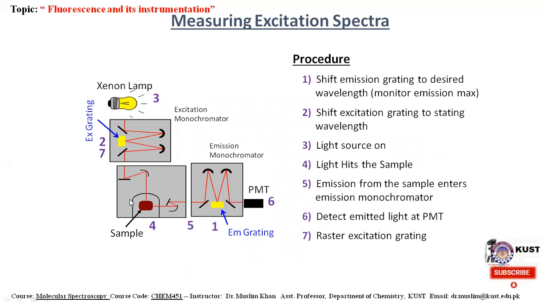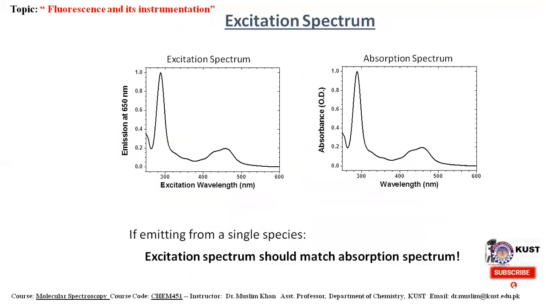Emission from the sample enters the emission monochromator. Detect emitted light at the photomultiplier tube. This is the procedure. And this is the excitation spectrum, and this is the absorption spectrum. So if emitting from a single species, the excitation spectrum should match the absorption spectrum.